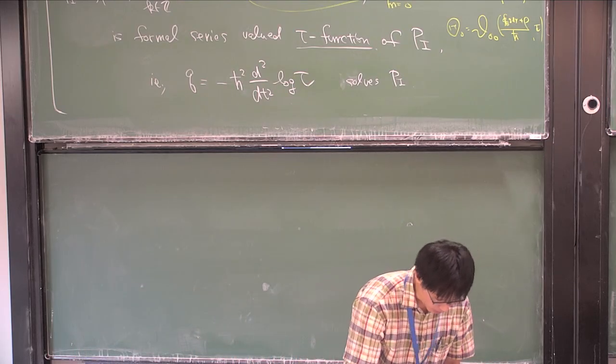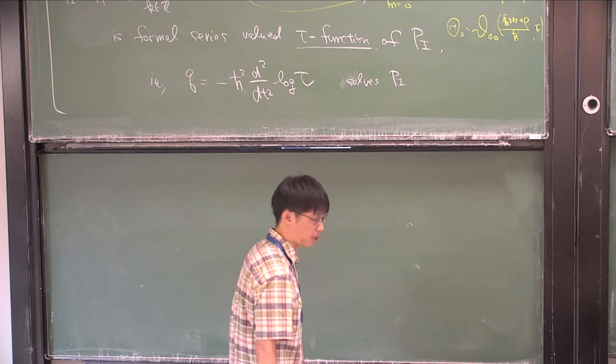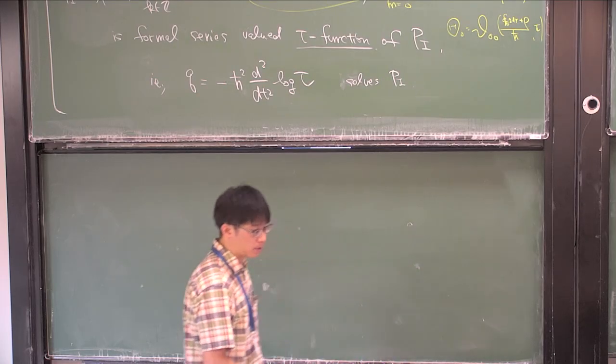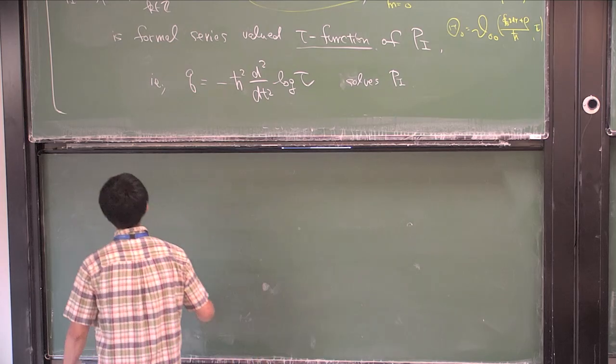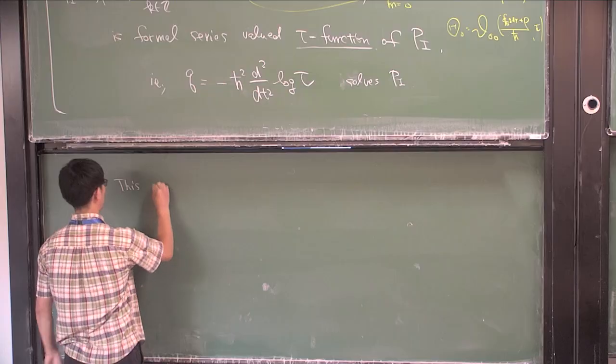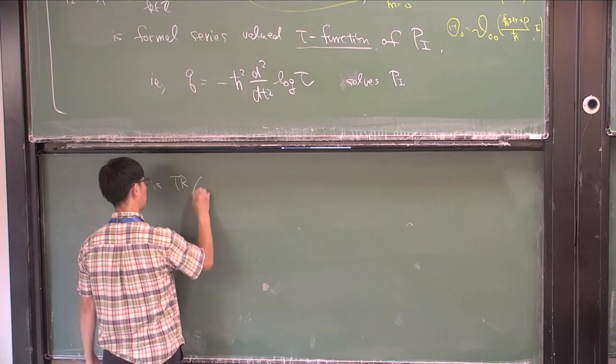Okay, but now let me focus on the relation to the conformal block. For this purpose, let me recall the key formula. This formula is somehow TR or WKB.